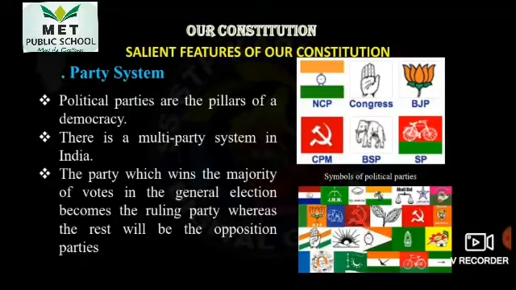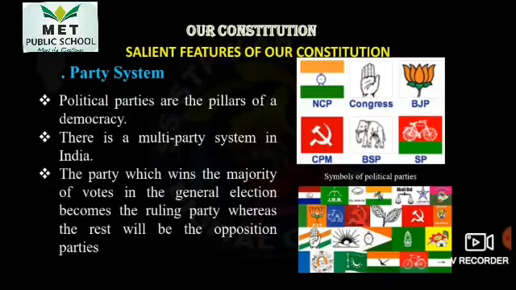Along with these salient features, there are other salient features, that is secularism, then partially rigid, partially flexible. So in today's class we have discussed how our constitution came into existence, what the Constituent Assembly is and what its role is, the drafting committee of the constitution, then the preamble of the Indian Constitution and the salient features of the Indian Constitution.